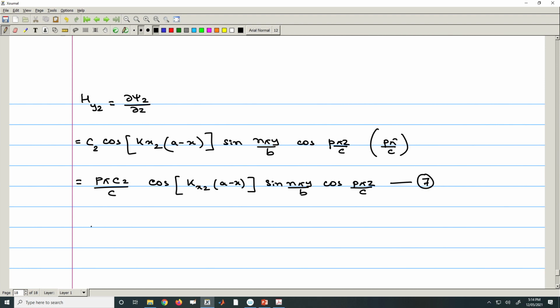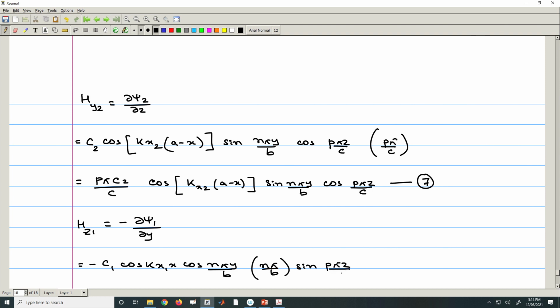Now, hz1. So, again hz1 is minus of del psi 1 upon del y. Okay. So, that is equals to minus c1 cos of kx1 x cos of n pi y upon b, so n pi by b sin of p pi z upon c.